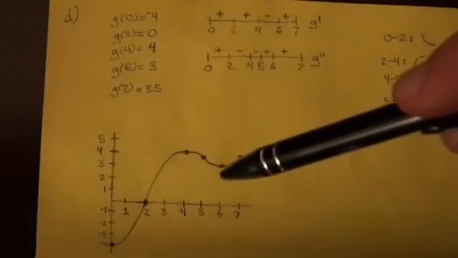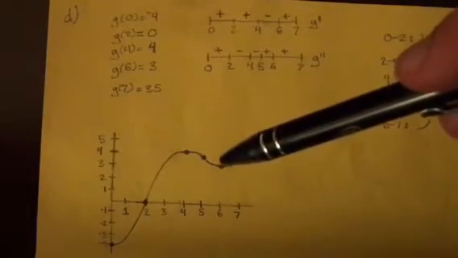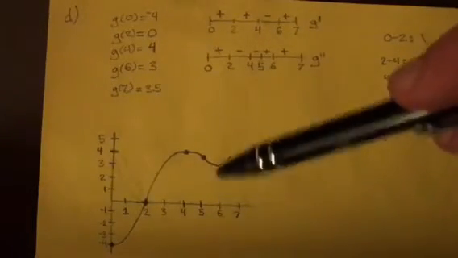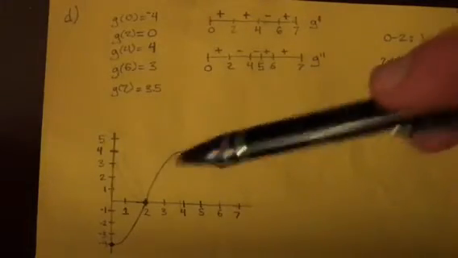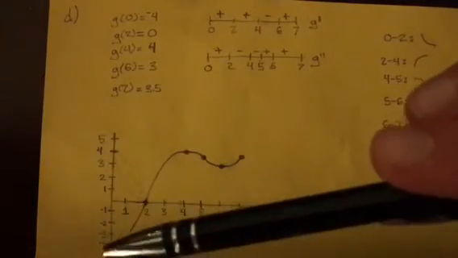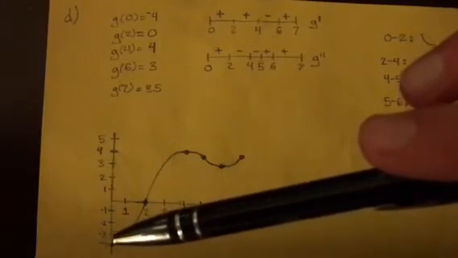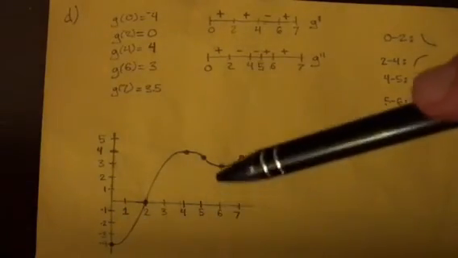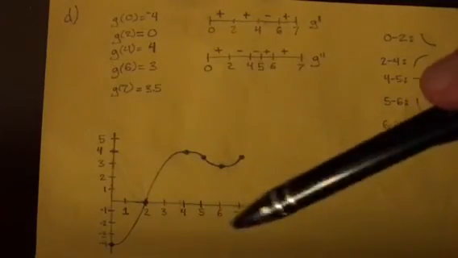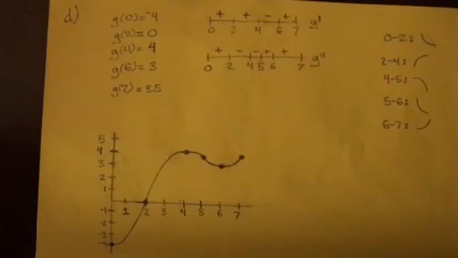And x equals 6 is the x value of the local minimum on this graph, so that checks out. And then x equals 0 is the x value of a local minimum on this graph of G, so that checks out with part B as well. So there's the graph.